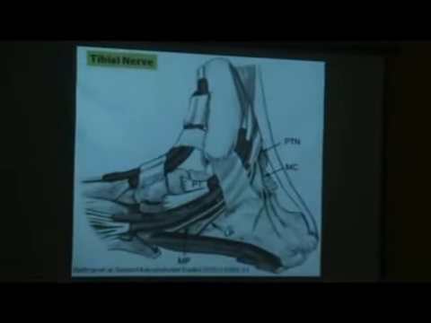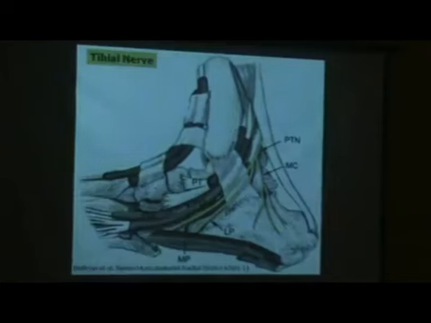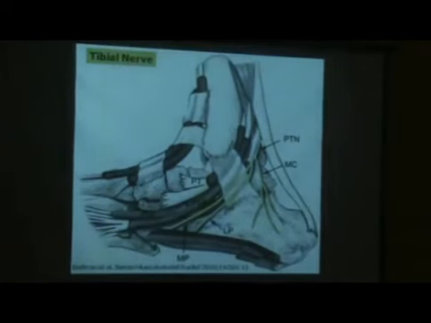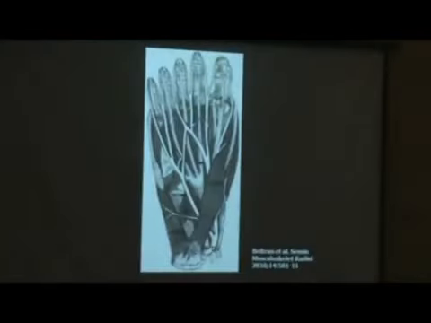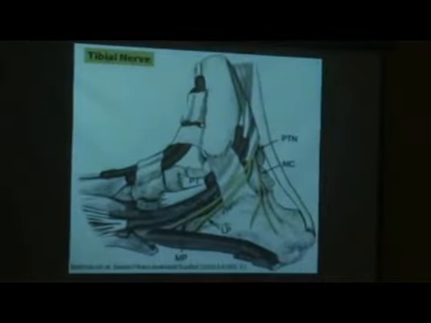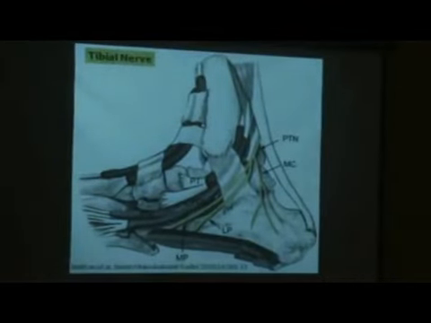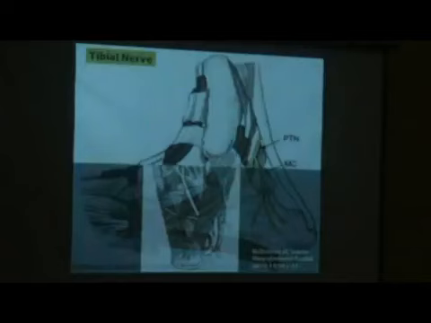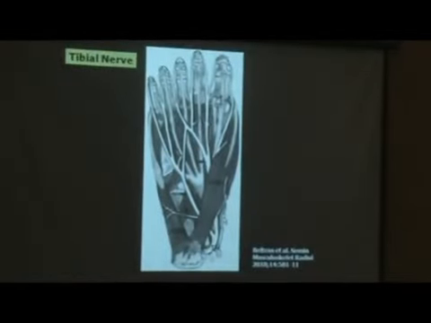So this is the tibial nerve, just a drawing taken from the literature to show you its course, especially around the ankle, and its branches, the medial calcaneal nerve, and both medial and lateral plantar nerves. And here is a schematic illustration.